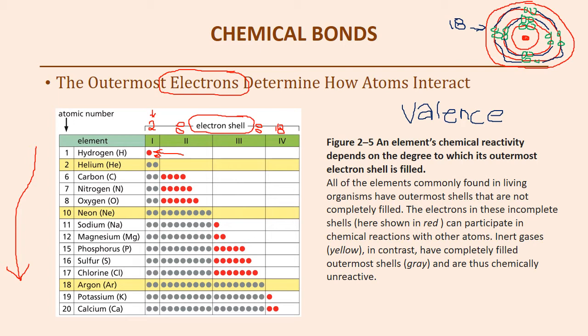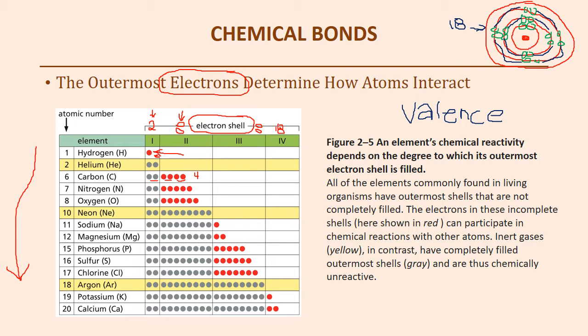How about if we skip over to carbon? Let's take a look at carbon. Carbon has a full orbital, fantastic, here in gray, but then when we come over to the second energy shell, it has only 4. And remember, its potential is to hold 8. So that means that it has 4 empty spots that it's trying to fill so it can complete its second energy shell and be as stable as possible.